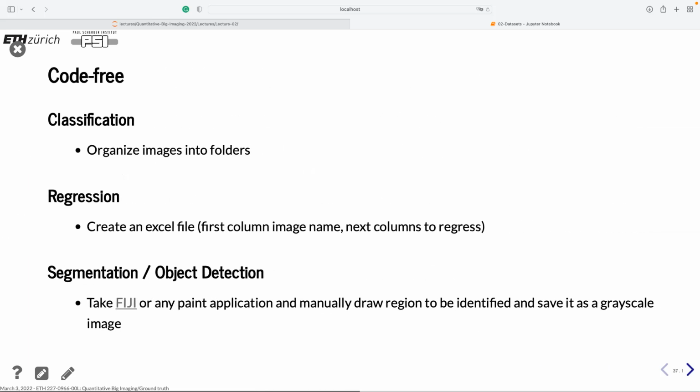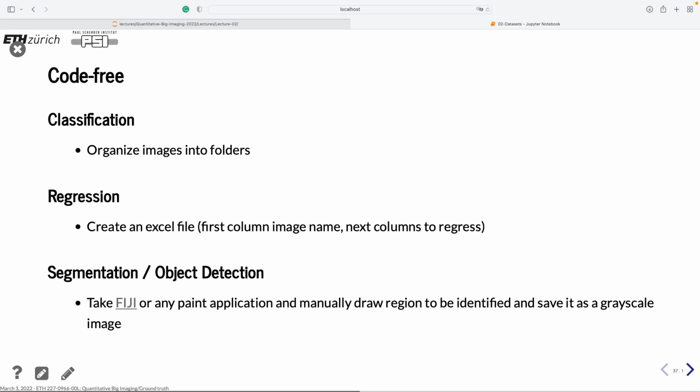So there are code-free ways of labeling, marking up the data. Very easy is to just put images of different types into different folders. Then you have already done some kind of database work.